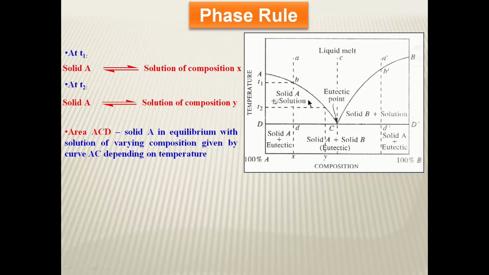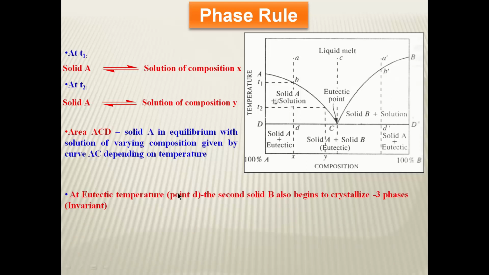So in the area ACD, we have solid A in equilibrium with solution of varying composition. Why varying composition? Because separation of A is still continuing and the corresponding composition is being changed, and it is given by the curve AC depending upon the temperature.